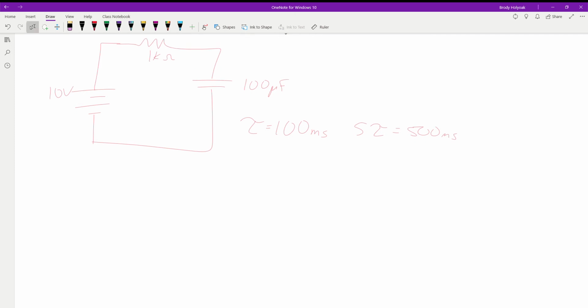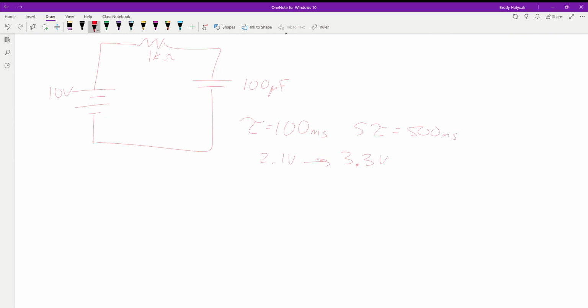What I want to know is how much time it takes for my capacitor to go from 4 volts to, actually let's change that. Now I'm thinking about this a little more. Let's go from 2.1 volts to 3.3 volts.